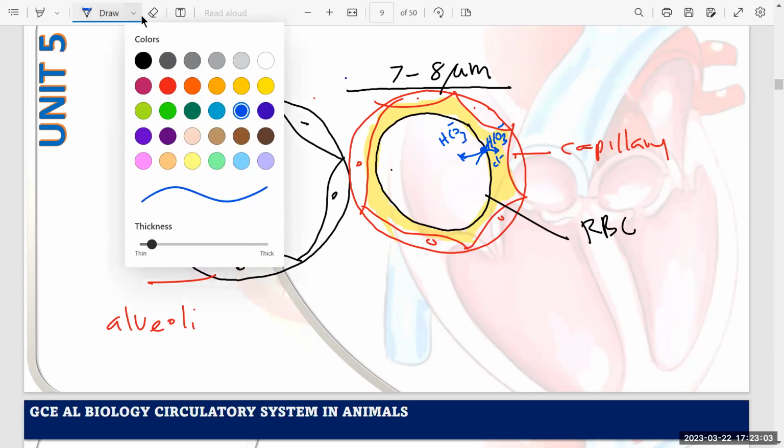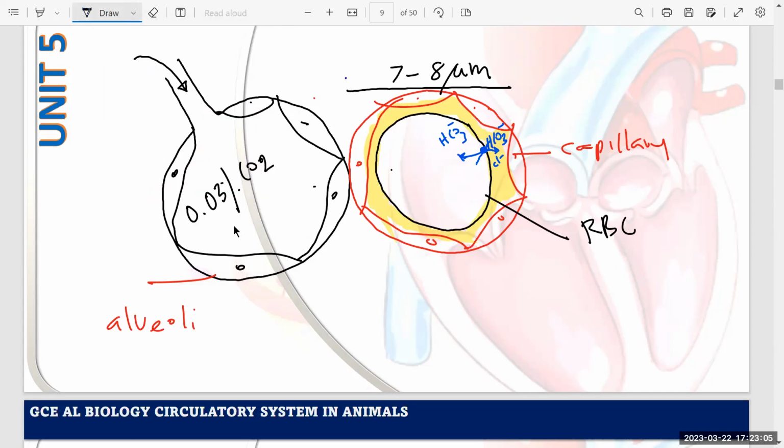Atmospheric oxygen concentration is 21%, and that is really high. So hemoglobin is chemically very attractive to the oxygen molecule. This is happening in the lungs.